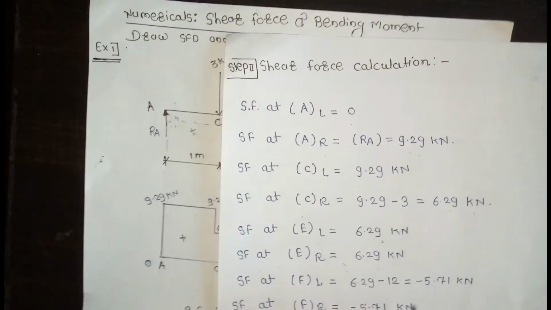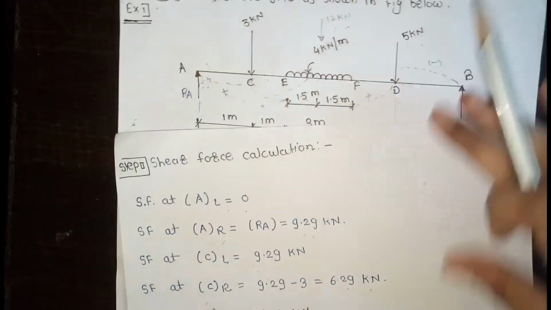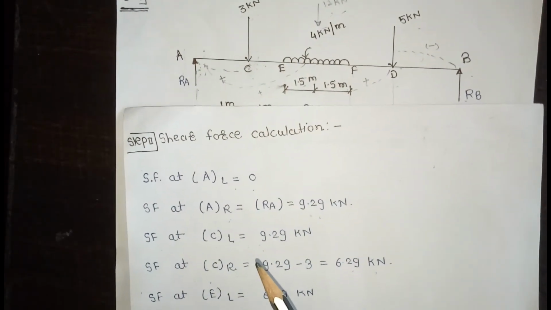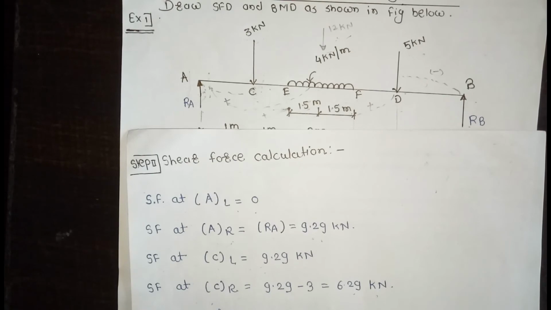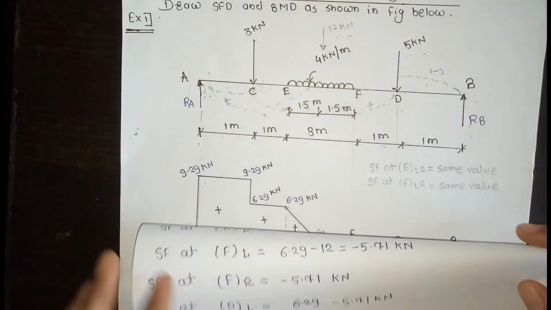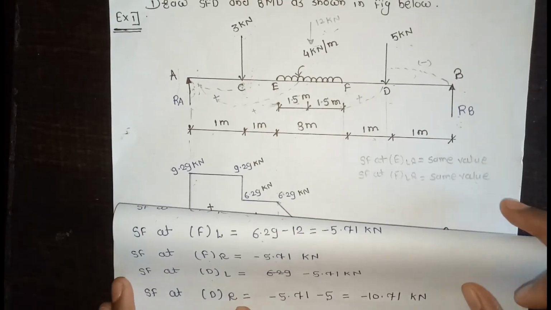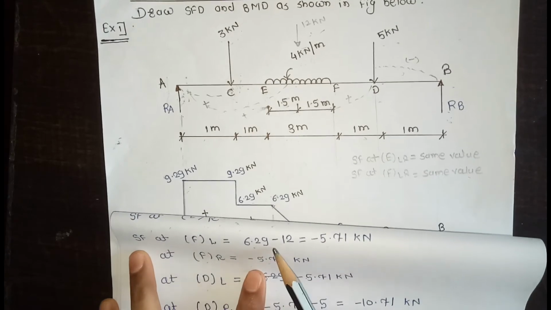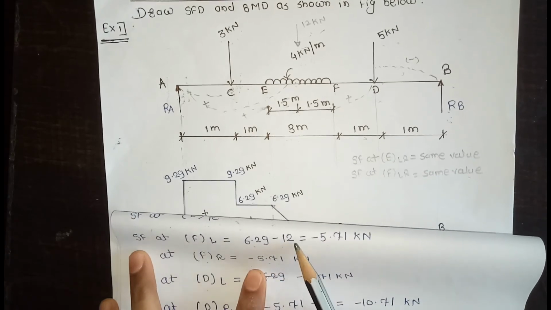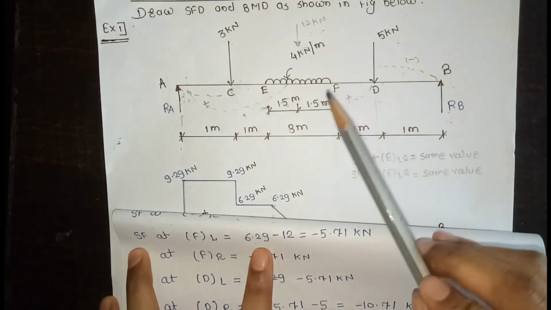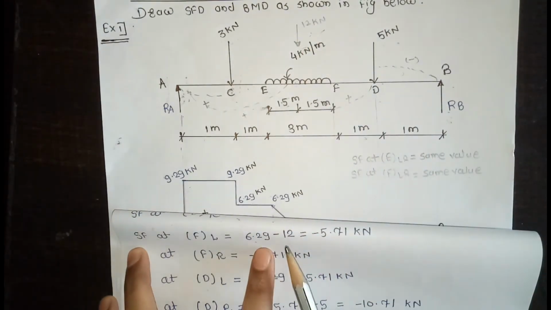So F left is 6.29 minus 12. 6.29 as it is the previous value, minus 12, is equal to minus 5.71.